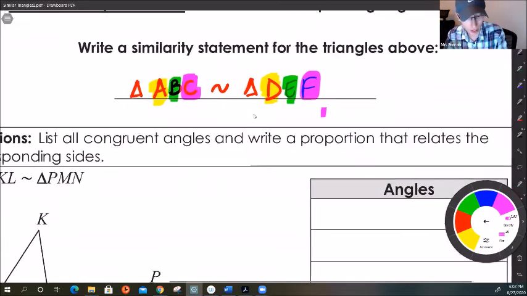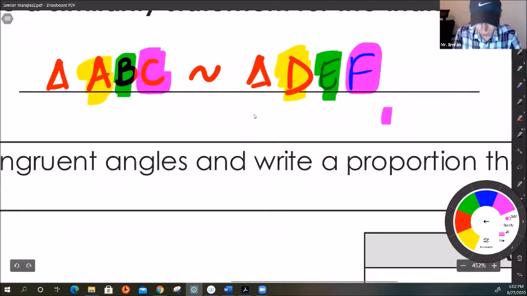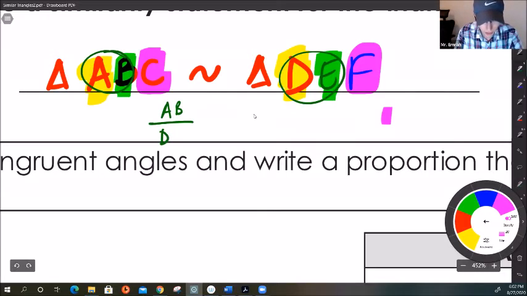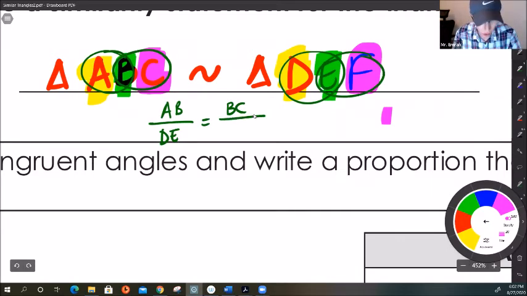And I can also write down what side lengths are proportional. The first two letters, side AB, will correspond to the first two letters, DE. Without looking at the triangles, I can write down the ratio of the side lengths. If I go with the last two letters, BC, that side corresponds to EF.